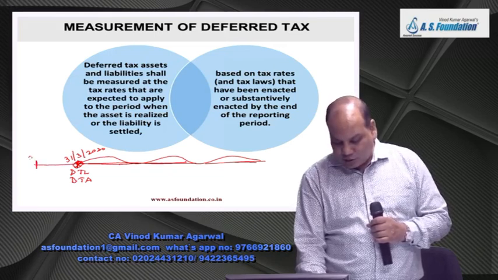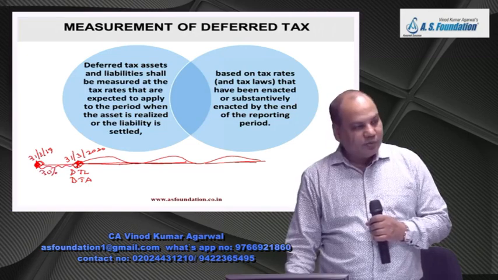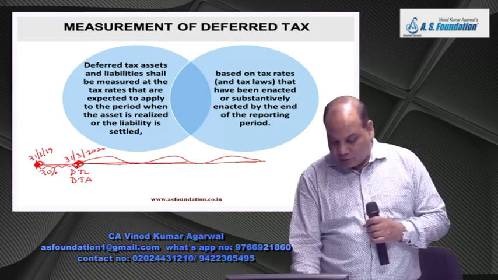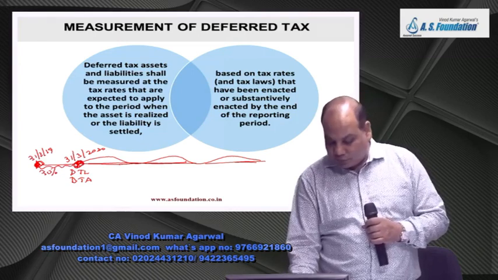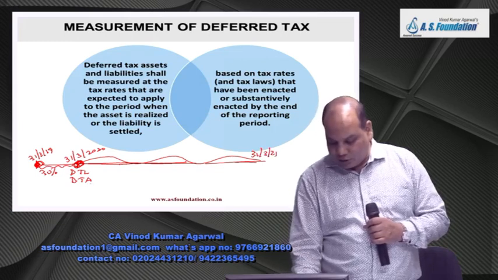Suppose for the previous year, 31st March 2019, the rate of taxation applicable for this financial year, 2019-20, is 30%. But the government has announced the tax rate for 2021 as 25%.